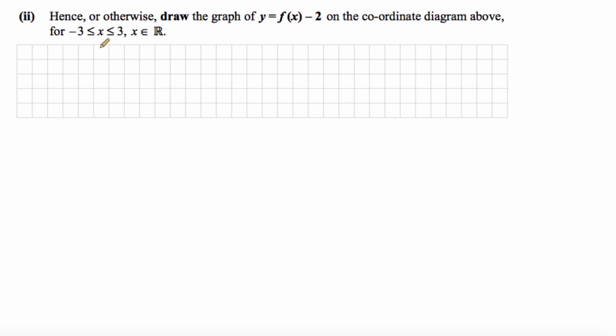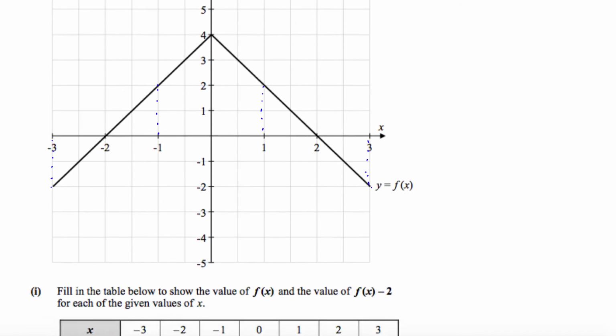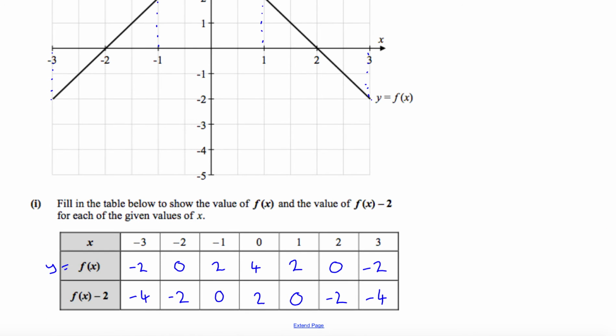Part 2 says, hence or otherwise draw the graph of y is equal to f of x minus 2 on the coordinate diagram above in the same domain, minus 3 to 3. So now we're just going to plot those points. When x is minus 3, the graph would be at minus 4, so it would be this point. Then we'd have minus 2, minus 2.